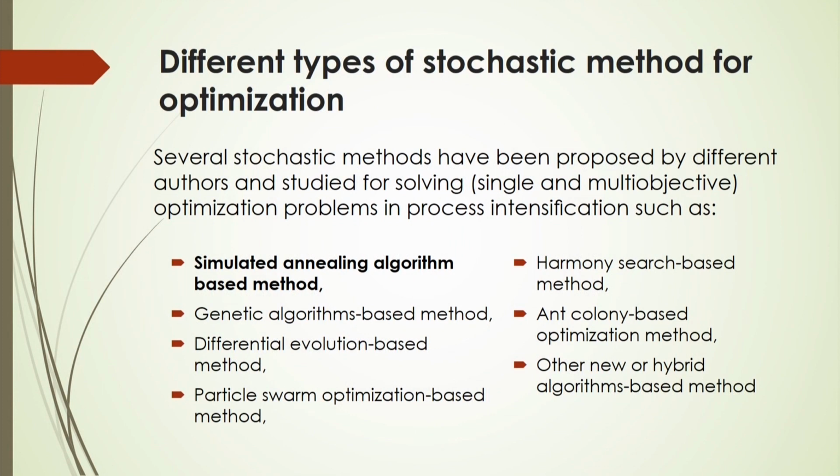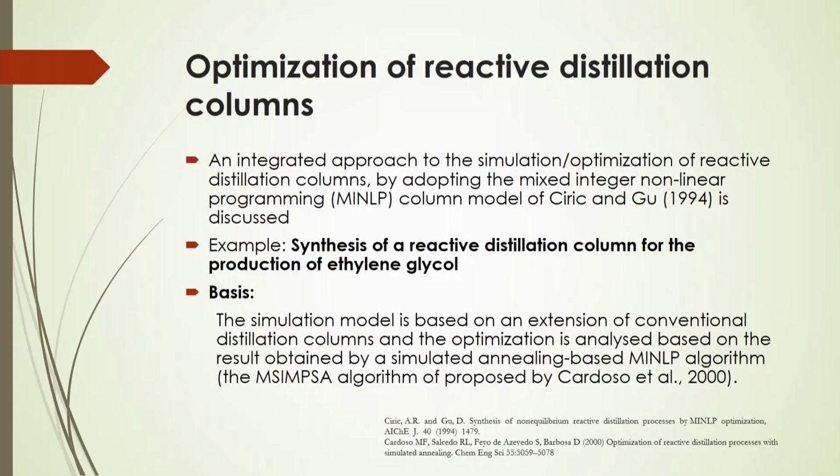Here we will concentrate on one optimization method, called the simulated annealing algorithm based method. If we consider the optimization of a reactive distillation column, in that case we take an integration approach to the simulation or optimization of the reactive distillation column by adopting the mixed integer nonlinear programming column model suggested by Ciric and Gu in 1994.